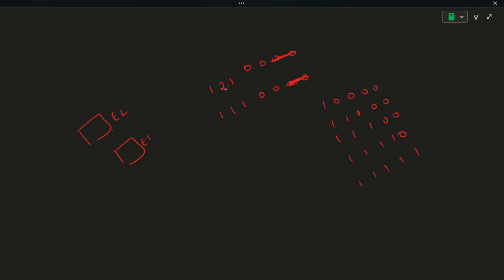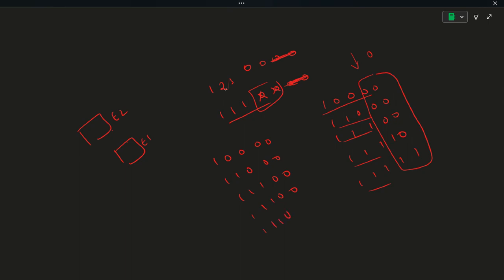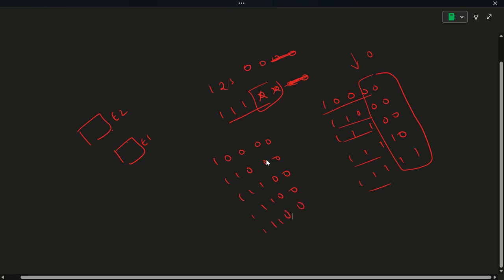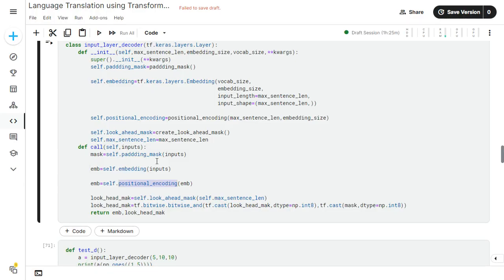We are doing a bitwise AND for all of this. We are not interested in these values, so we need to remove them, and set all these values to 0. So our lookahead mask looks like this: 1 1 0 0 0, 1 1 1 0 0, 1 1 1 0 0, 1 1 1 0 0. We are not interested in these padded values, that's why we have added this. In order to achieve this, we can just do a bitwise AND operation.